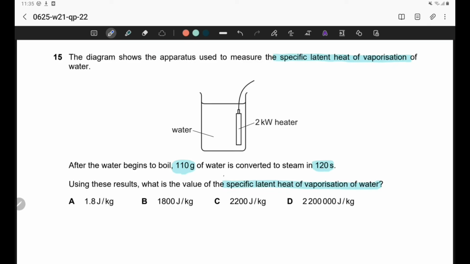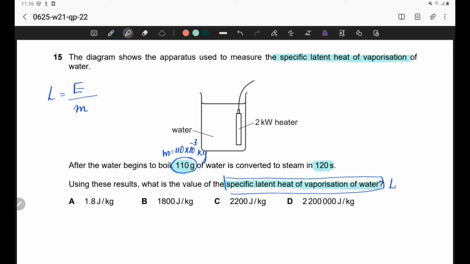In this question, we need to find out specific latent heat of vaporization, L. And here we can use the equation of specific latent heat of vaporization. That latent heat is equal to energy over the mass, where mass is given, which is 110 gram. That means 110 into 10 to the power minus 3 kilogram. So the mass is provided, but energy we need to calculate first.